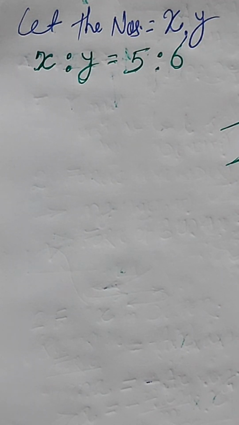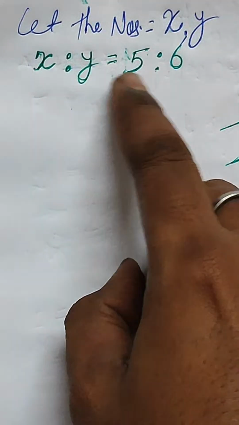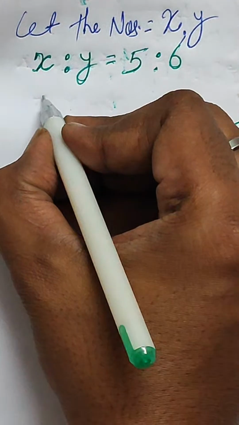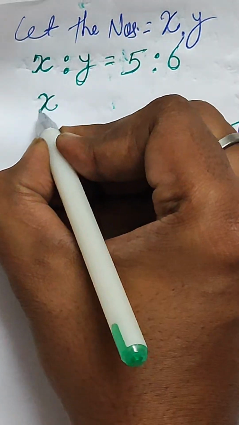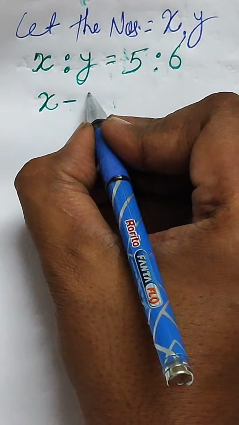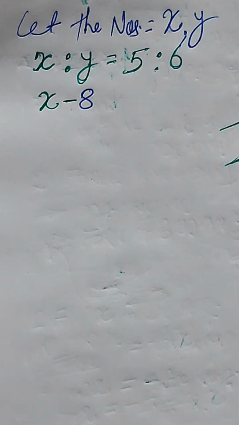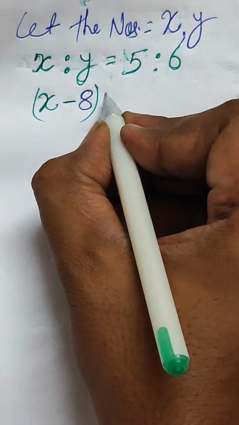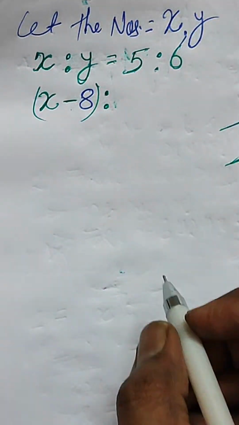This is the data given to you in the question, right? Now if 8 is subtracted from each of the numbers, that means x minus 8, the ratio will change to a certain extent.